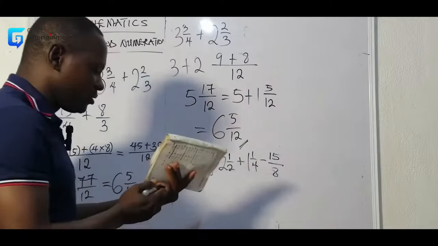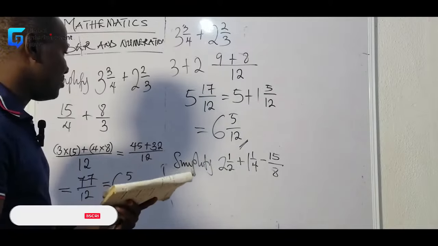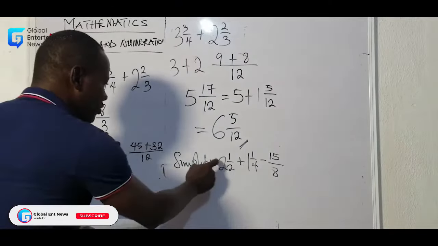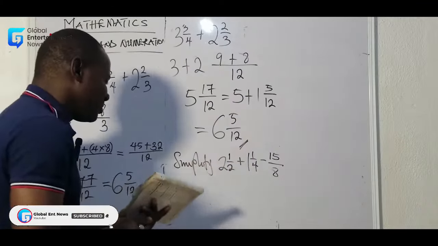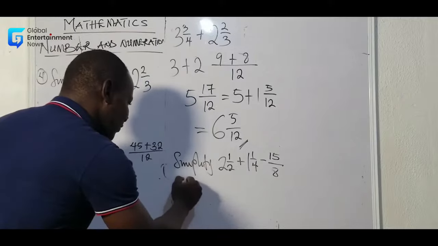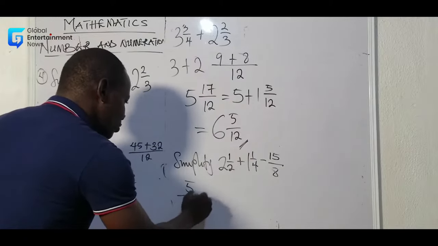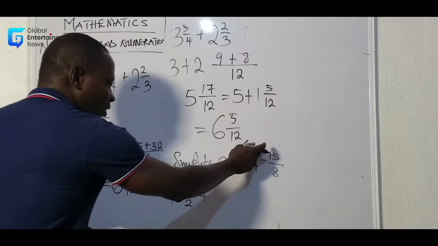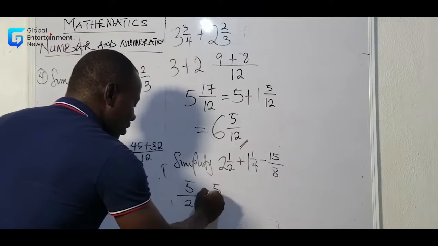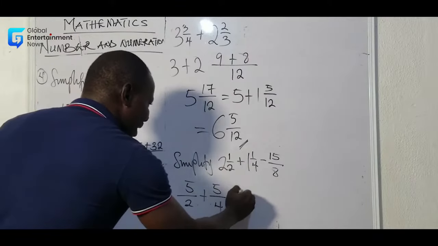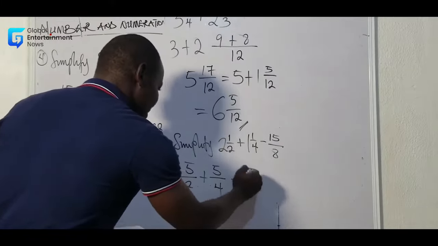Now turn this one to improper fraction. 2 times 2, 4. 4 plus 1, that is 5 all over 2 plus 4 times 1, 4 plus 1, 5 all over 4 minus 15 all over 8.